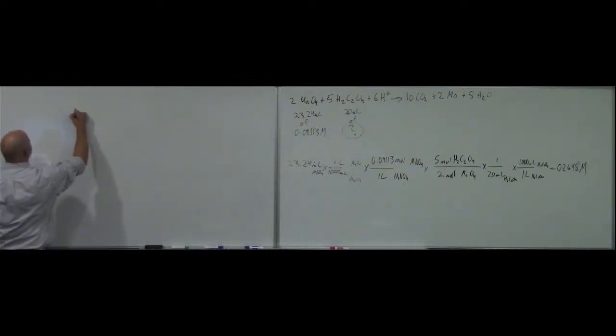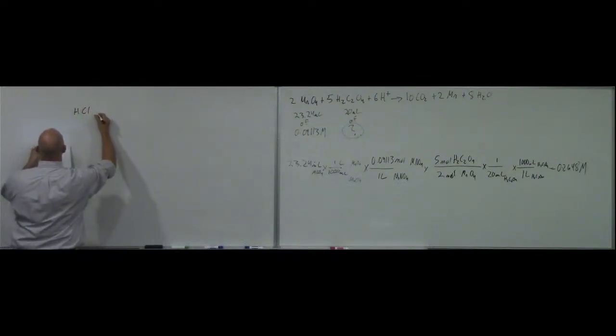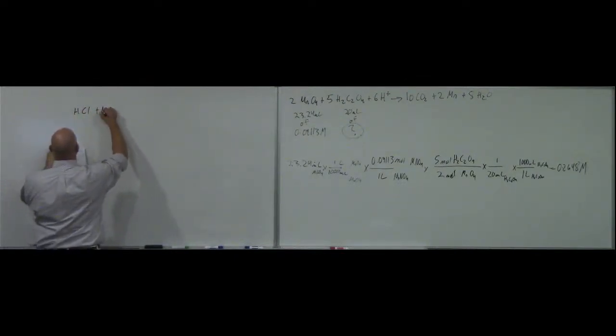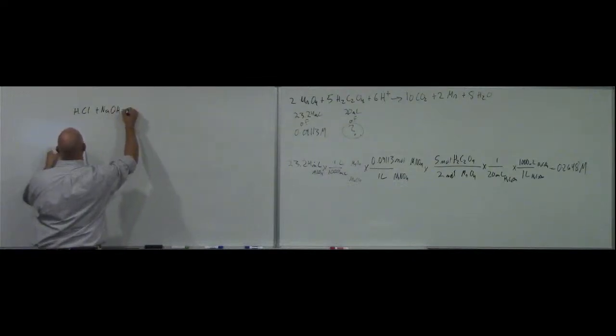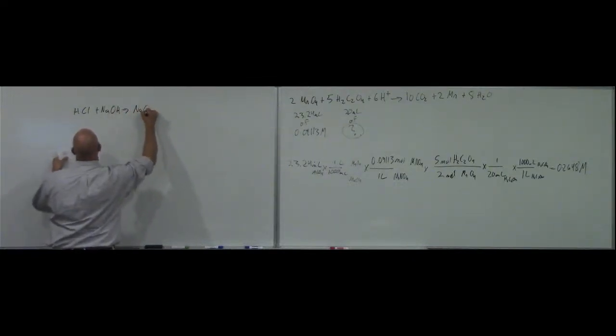Okay, I got it on board. So this is HCl plus sodium hydroxide produces table salt and water.